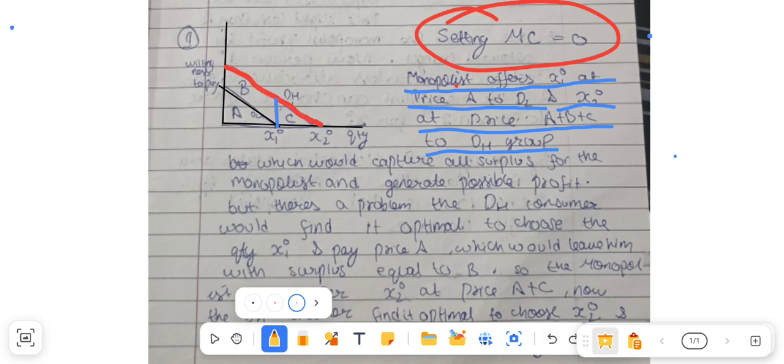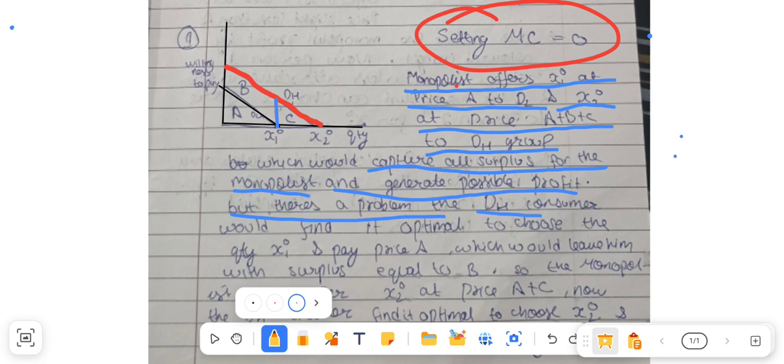Now what happens is that if we offer x2 at A plus B plus C, it would capture all the surplus for the monopolist and generate the maximum possible profit for the monopolist. But there is a problem.